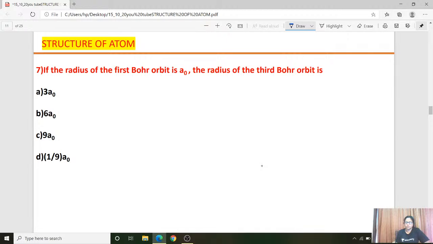What is the formula, student, for radius? For radius, rn is equal to A0 into n square. n is the orbit, isn't it? So when I say third orbit, n is equal to 3, 3 square into A0, that is nothing but 9A0.